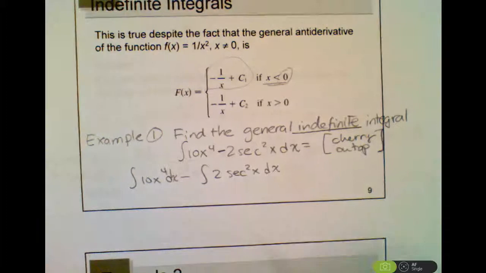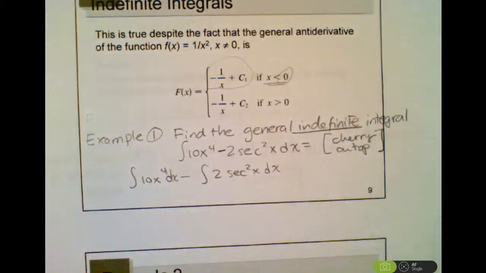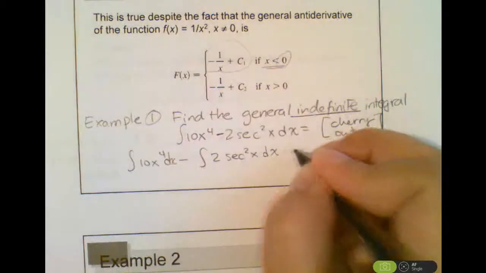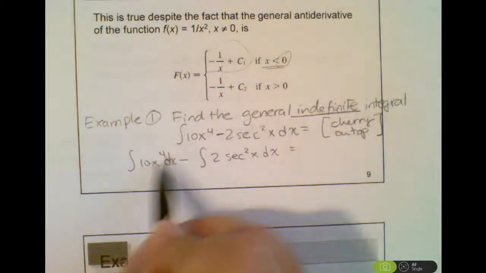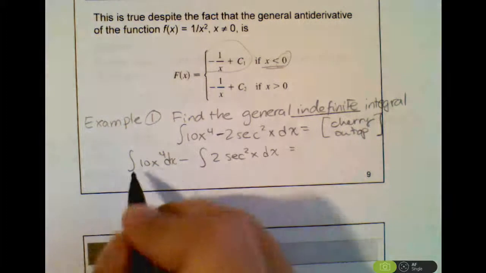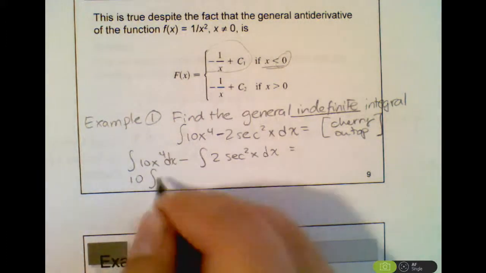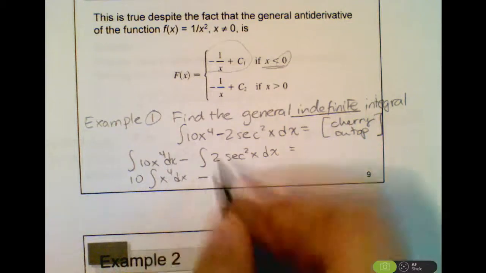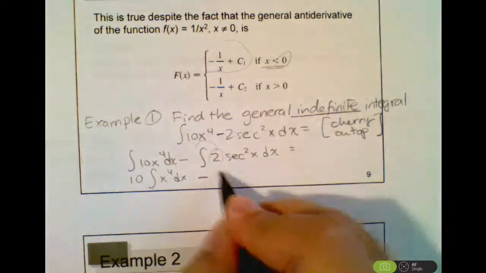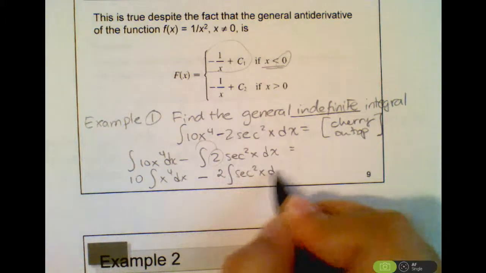If you're splitting into two integrals, then both of them should have a dx at the end, both pieces. Now I'm going to apply the property that says if a constant is multiplying the function, the constant can come in front. So this will be 10 times the integral of x to the 4th dx minus, and then the 2 can come outside, 2 integral secant square of x dx.